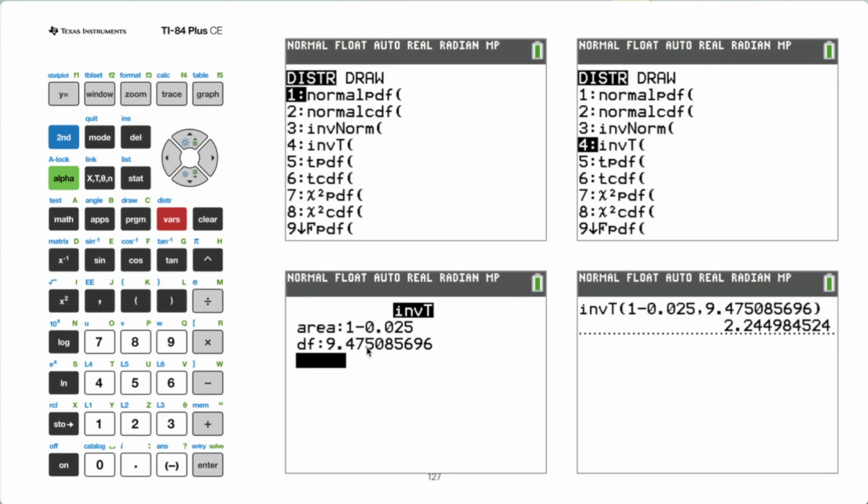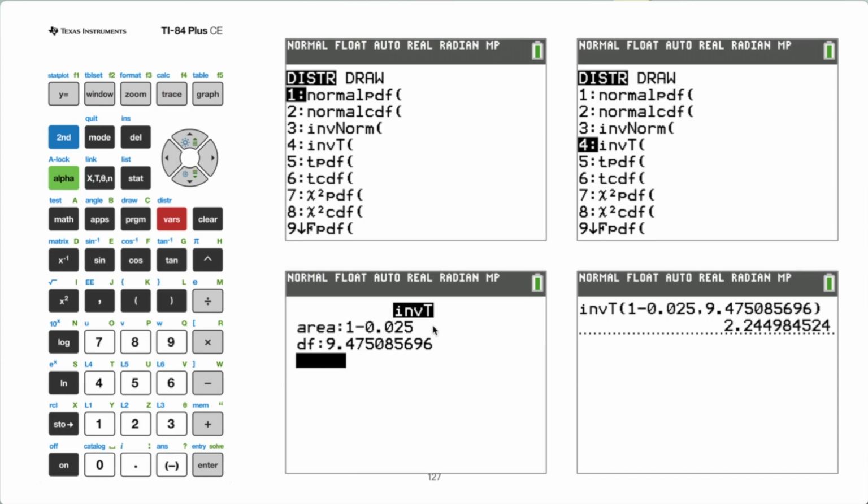And so that's what I have entered into this wizard on the TI-84 calculator. So what I'm using is the inverse T functionality. And so you would go to the distribution menu. You get that by pressing the second key and then the vars key, and that brings up the distribution menu. And then you would scroll down to option number 4 for the inverse T, and that brings up the wizard.